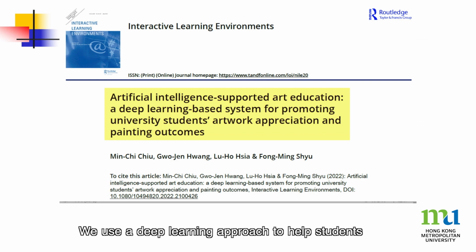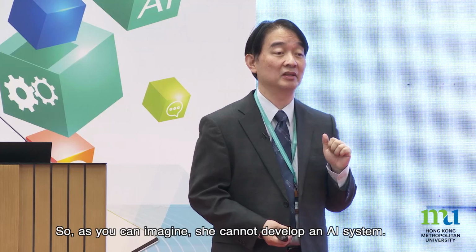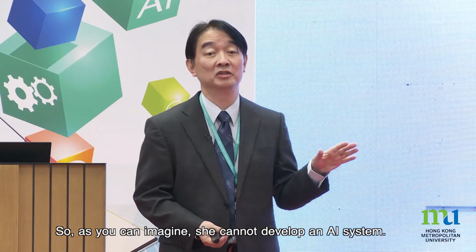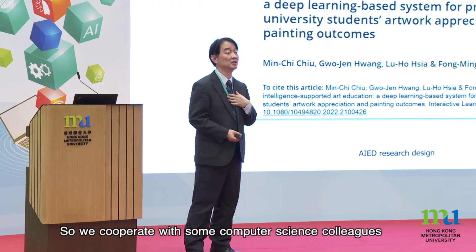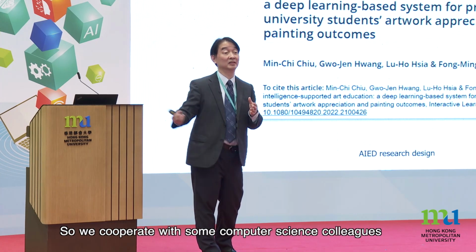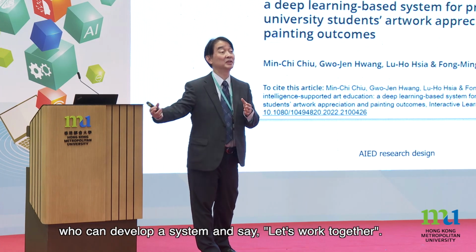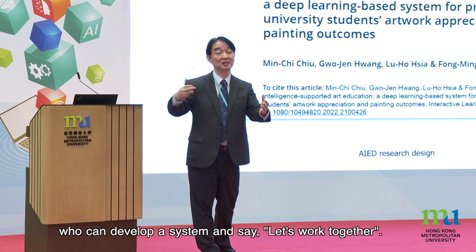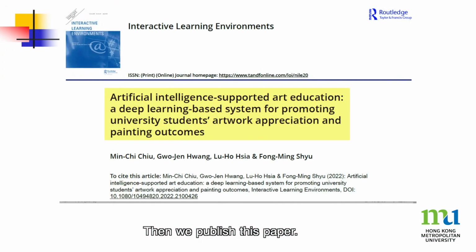We use a deep learning approach to help students to learn artwork appreciation. So my student is an art teacher. As you can imagine, she cannot develop an AI system. So we cooperated with some computer science colleagues who can develop a system and said, let's work together. And then we published this paper.